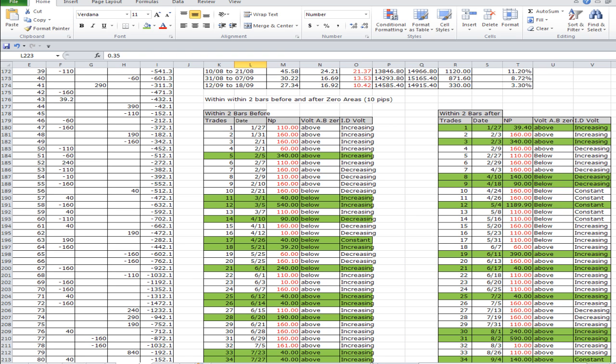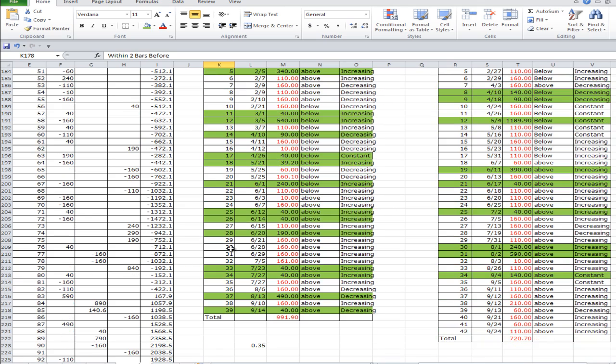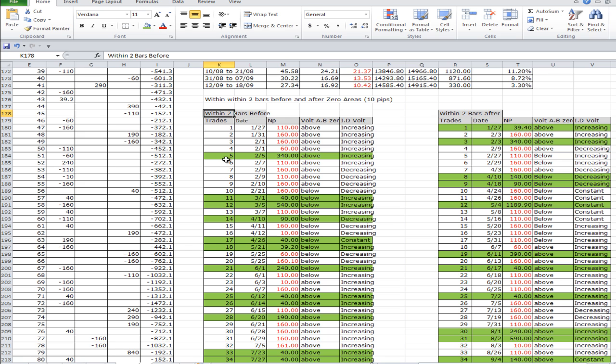So in this column here, which is our column K, you'll see that he's got his trade list there. There were a total of 39 trades taken. Now where he's got the green highlight is basically where his winning trades are. And so there's his net profit.